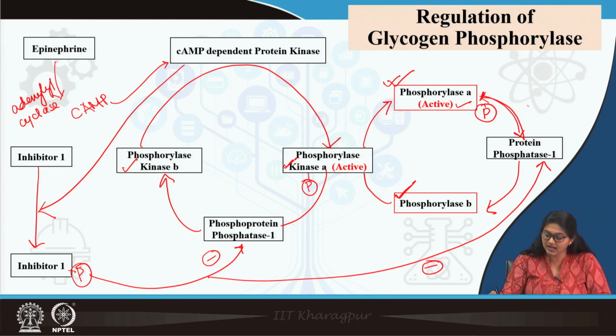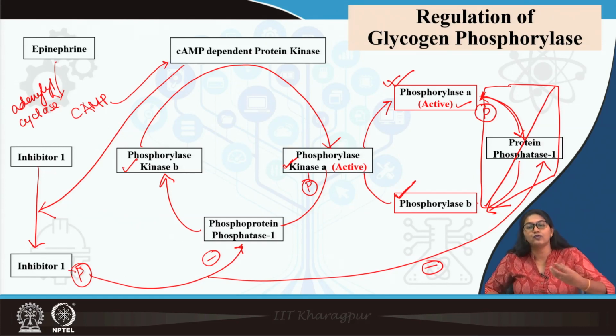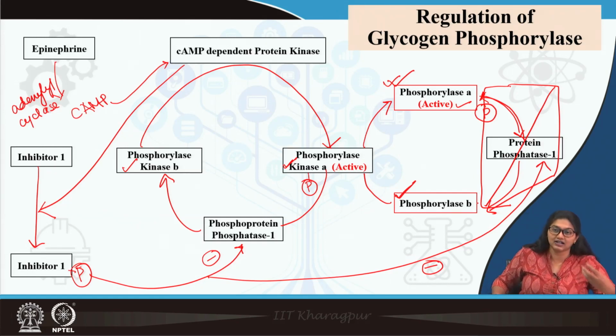If this pathway is inhibited, what will happen? The active form will be lost and there will be inhibition of the formation of the active form. Once again, there will be activated phosphorylase present in the system, which will finally lead to glycogen breakdown.